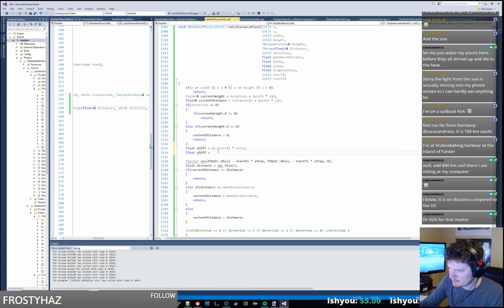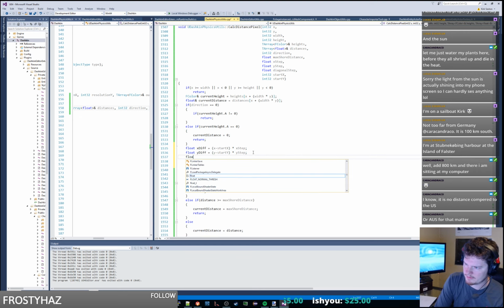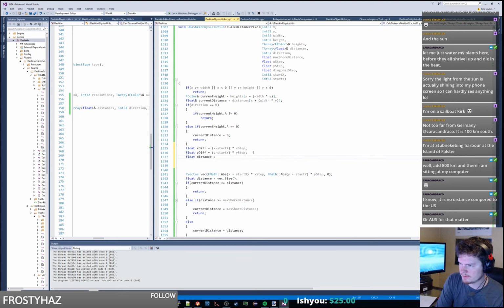We're just going to go through every pixel and just write this thing out and see what it looks like. So we've got our y diff and all that, so we'll have float distance equals x diff times x diff plus y diff times y diff, then math square root.